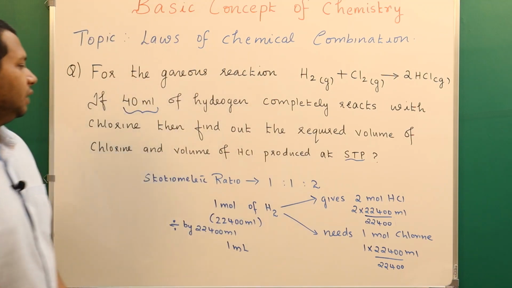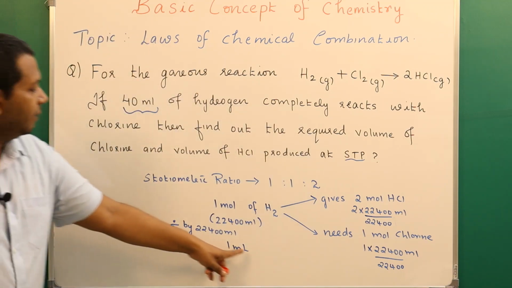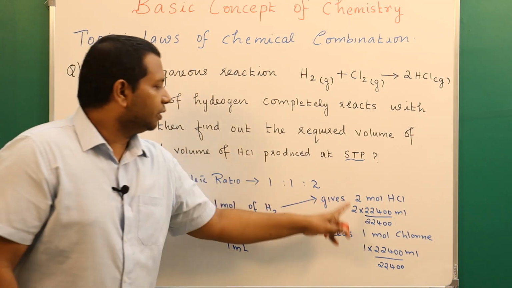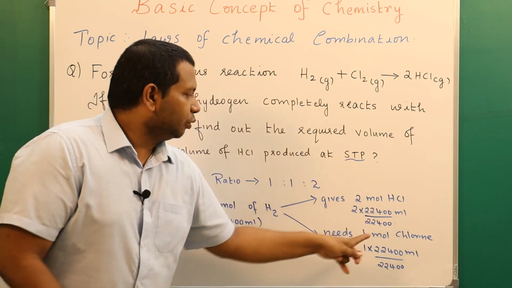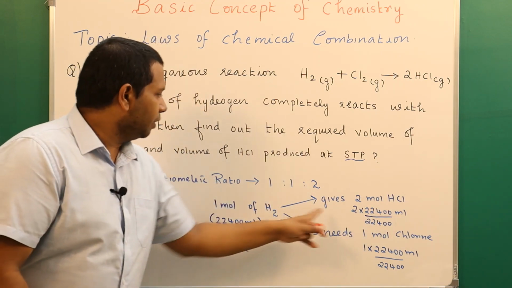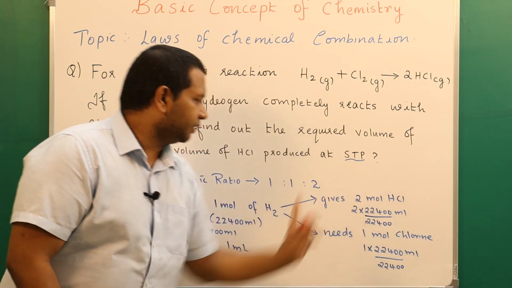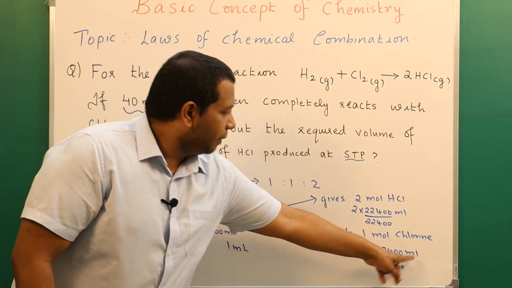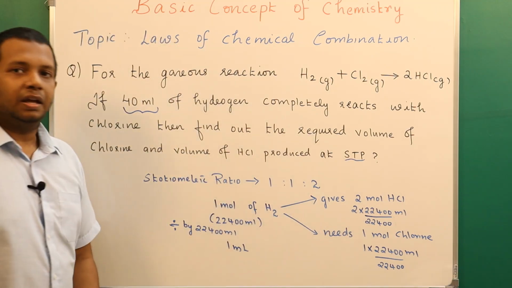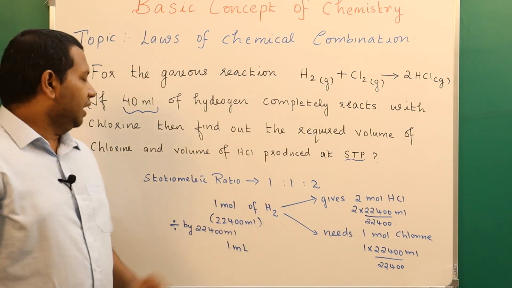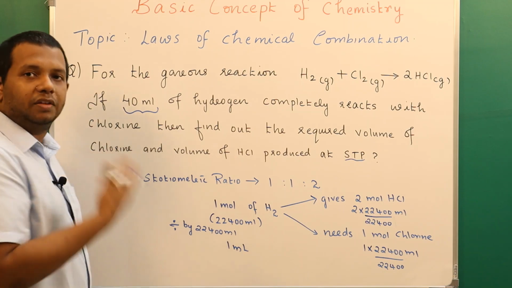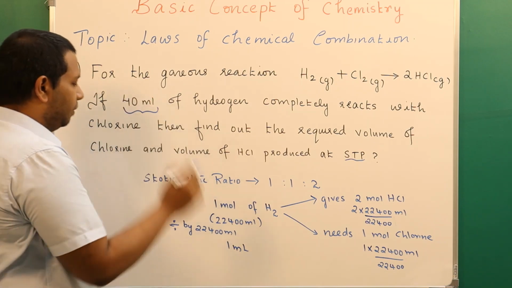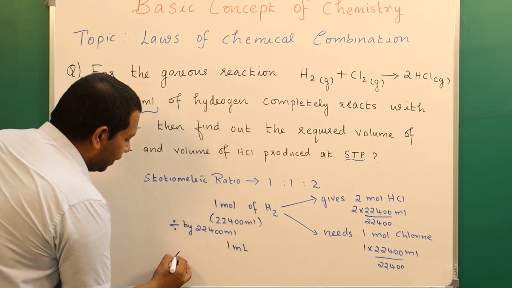Now I know that 1 ml of hydrogen gives 2 into, this 22400 will get cancelled off. So I can write 1 ml of hydrogen gives 2 ml of HCl, and 1 ml of hydrogen needs 1 ml of chlorine. Correct. Now what is given to me is 40 ml. So how to convert this into 40 ml?